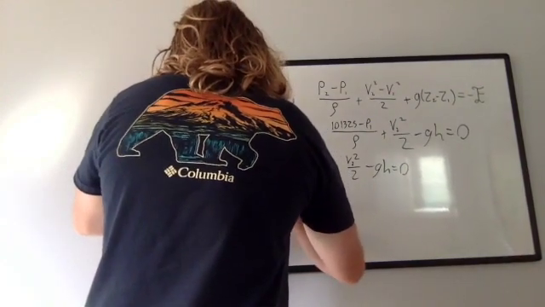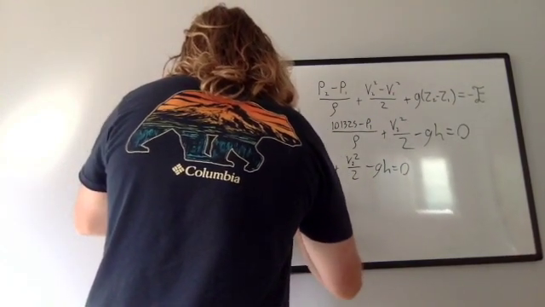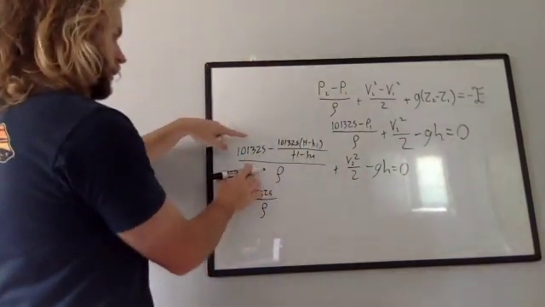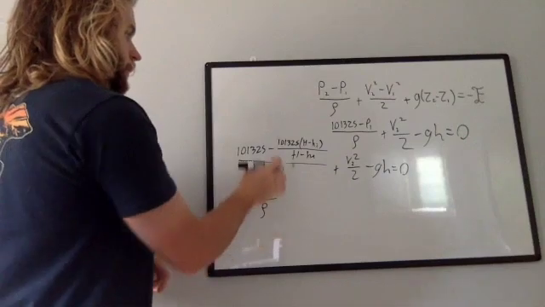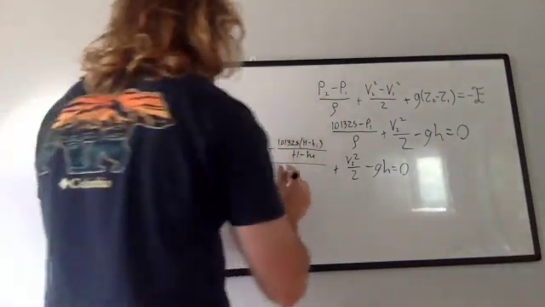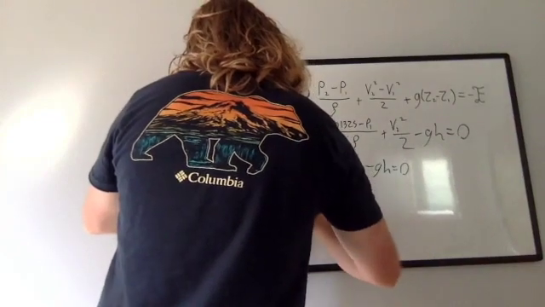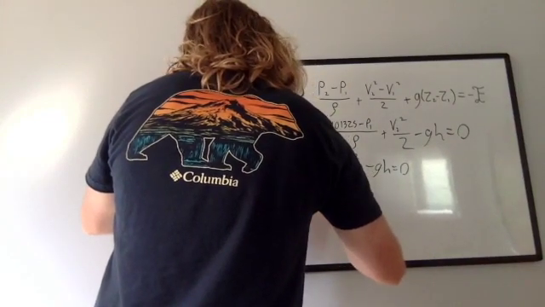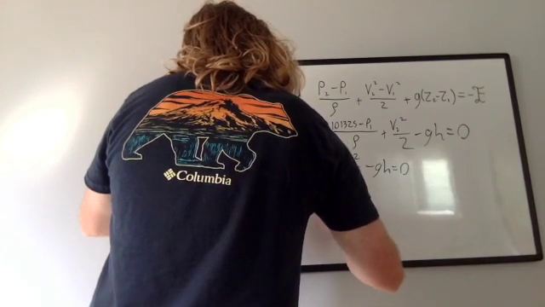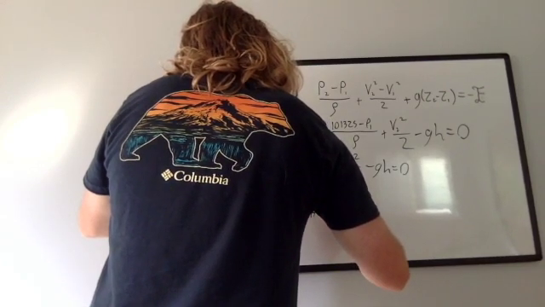So we'll factor out 101,325 over the density, and then this is going to become 1 over here, and that is going to be subtracted by h minus hi over h minus hx. 1 minus h minus hi over h minus hx.